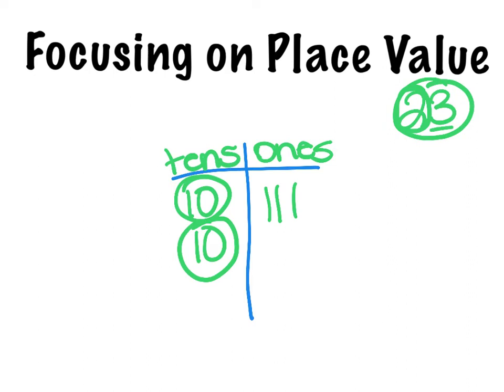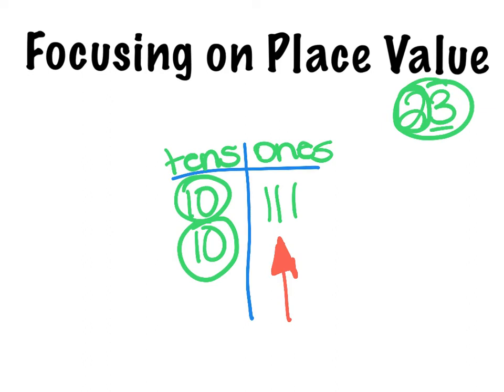Now, when you're teaching 10 more, 10 less, if you ask the students, well, what is 10 more than the number 23? They should not be looking here. This is not the focus point, because they know that this is the ones place.